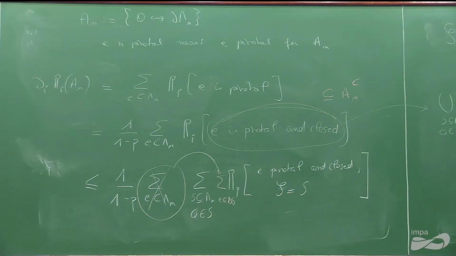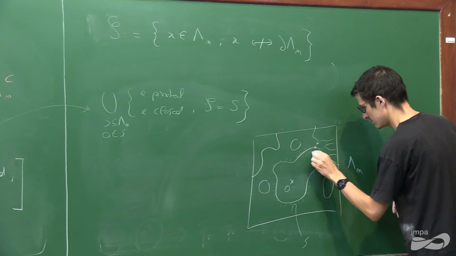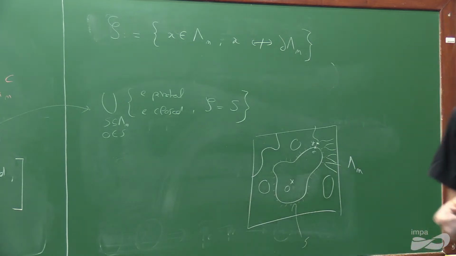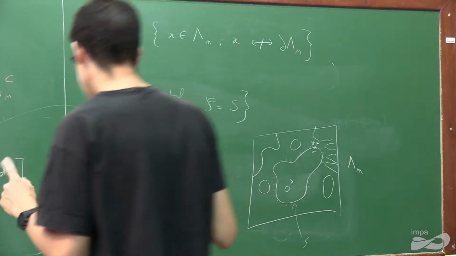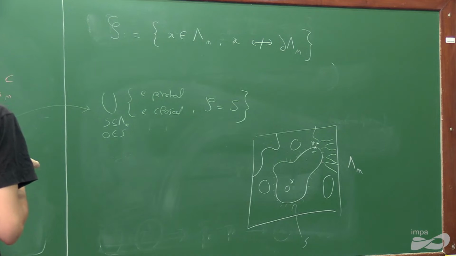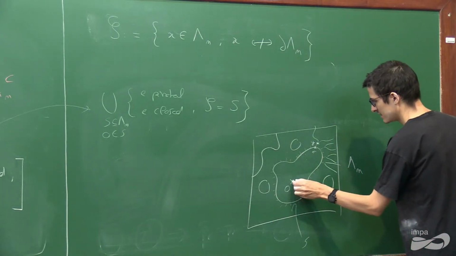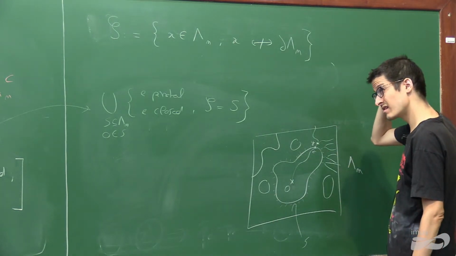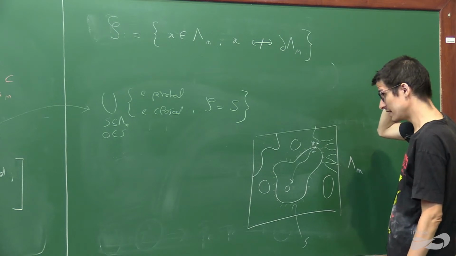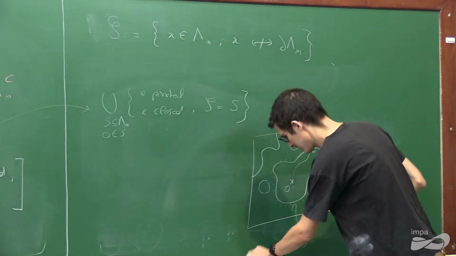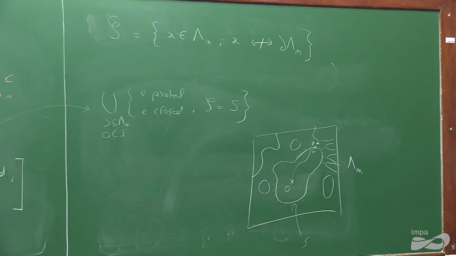Okay, and now let me call xy this edge. And if I call xy this edge, the event that E is pivotal and closed, and S is equal to S, this is basically the event that 0 is connected to X, E is closed and S is equal to S. Okay, so write this.